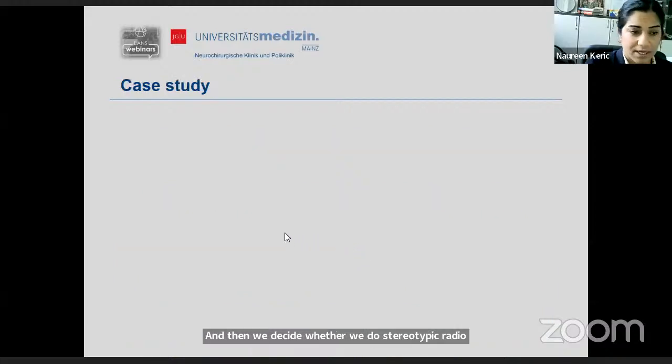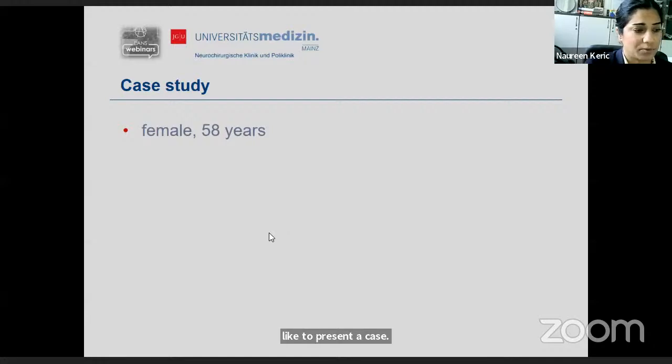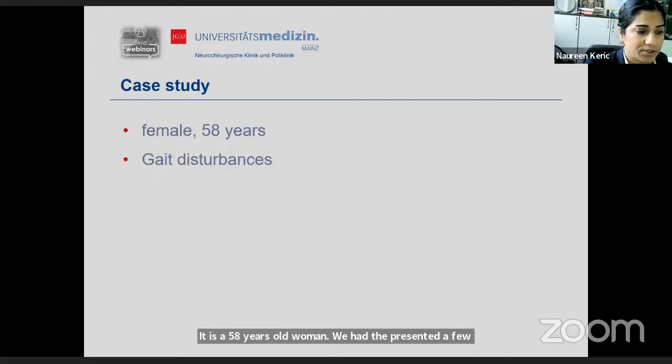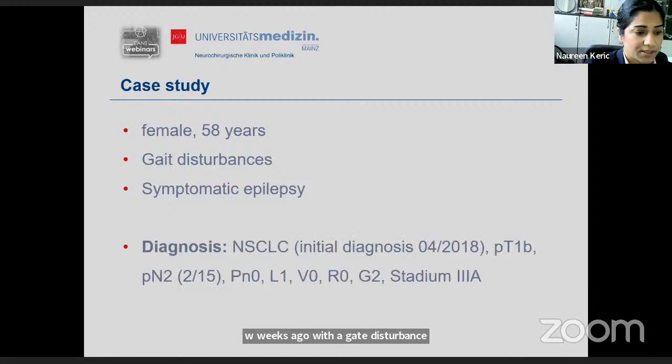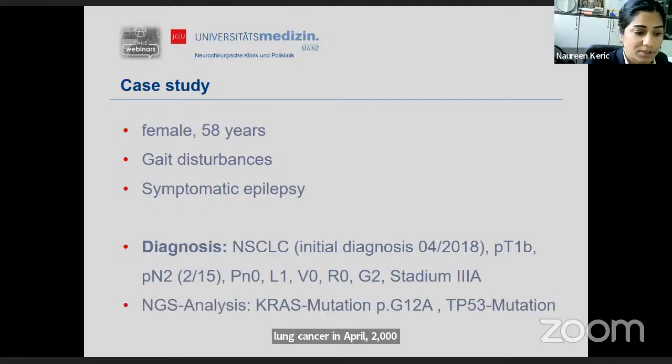I would like to present a case. It is a 58-year-old woman who presented a few weeks ago with gait disturbances and the occurrence of focal seizures. She was diagnosed with non-small cell lung cancer in April 2018. Important to know is that she had a KRAS mutation and had targeted therapy with stable disease.